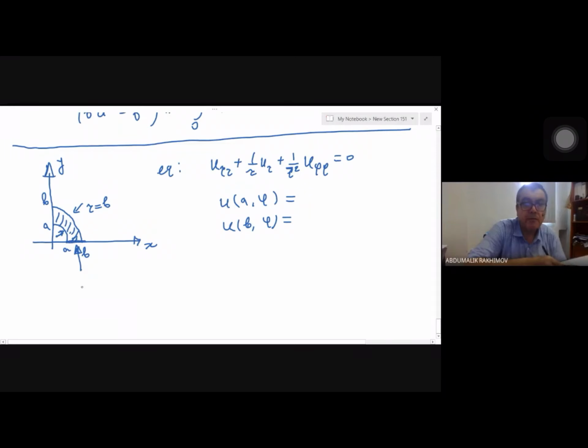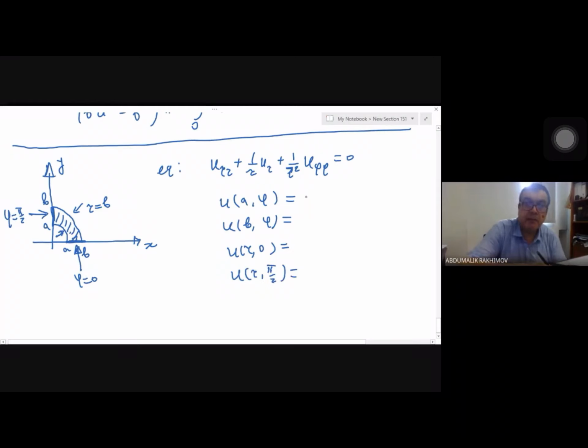On this boundary, phi is equal to 0, so I will get a condition here. Clear? When phi is 0, I have this. What about this boundary? Phi is equal to pi over 2. When phi is equal to pi over 2, you will have this, right? So you have 4 boundary conditions.